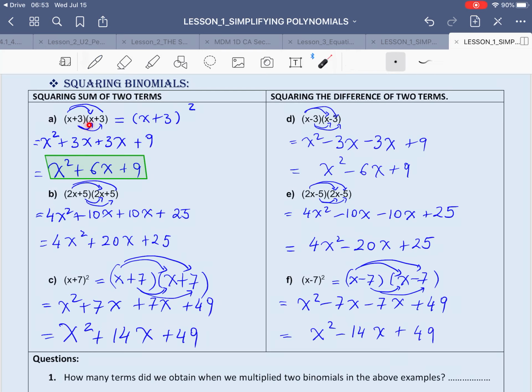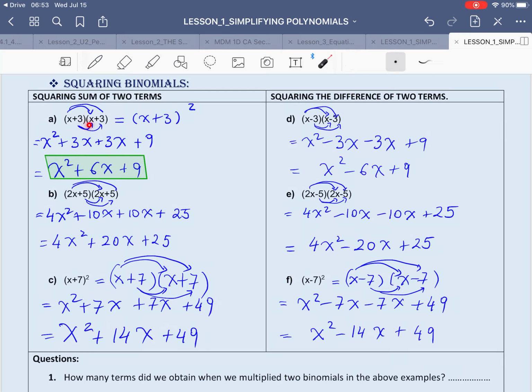So twice the product of first with last. And the same explanation is for the a minus b squared, with the only difference that we have a minus here.